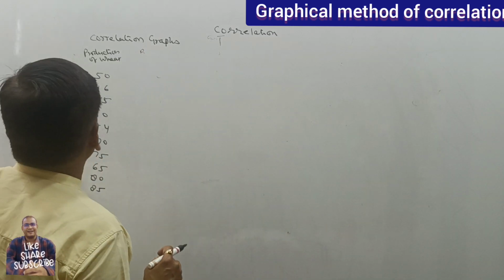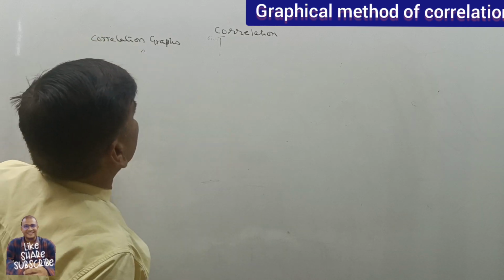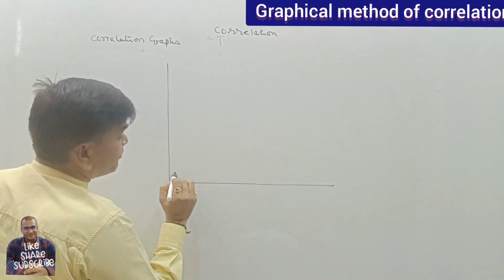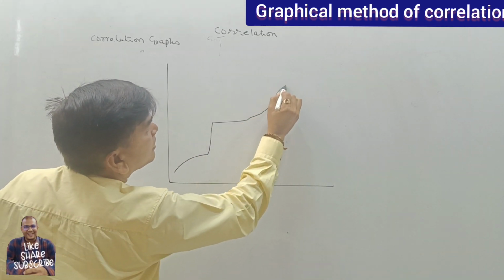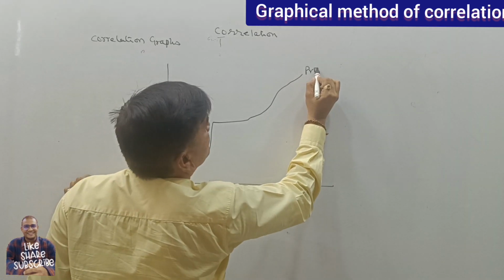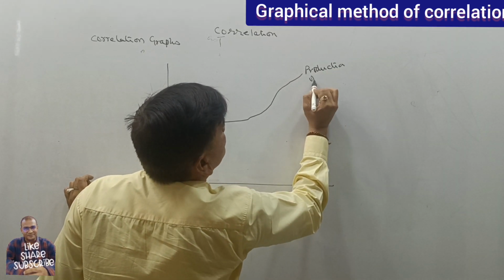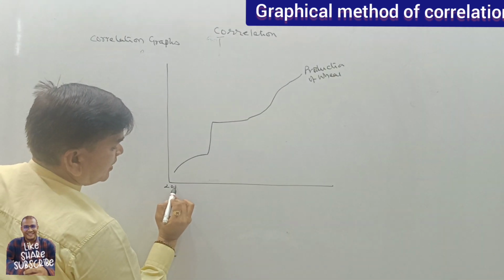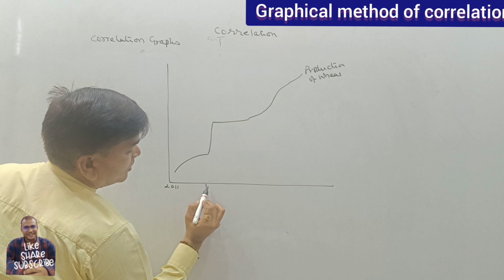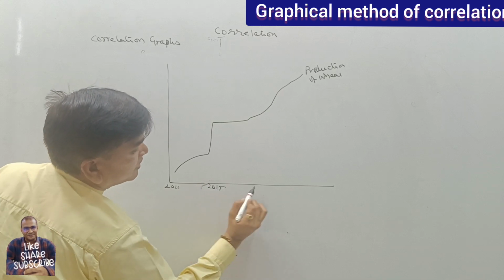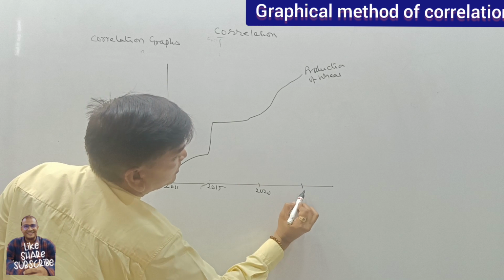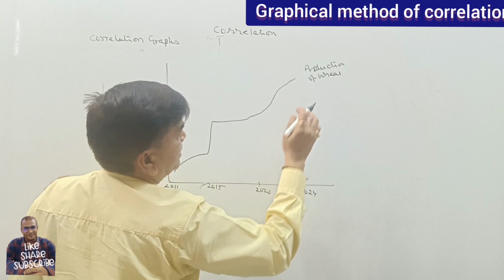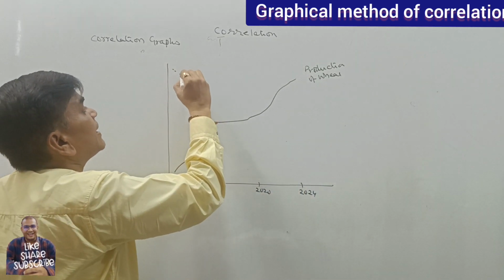I don't have a prepared example, so suppose this is the production of wheat, from 2011, 2015, 2020 to 2024. And this is the production of barley.